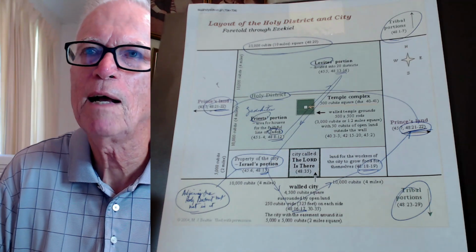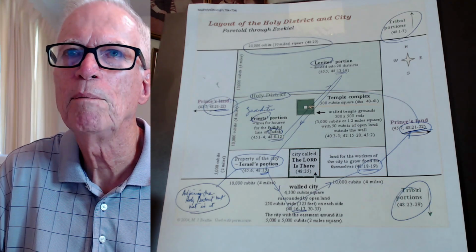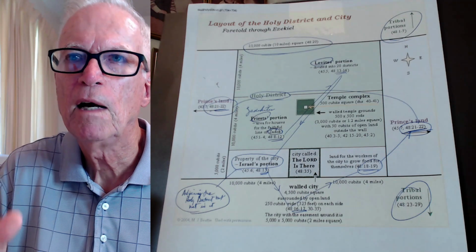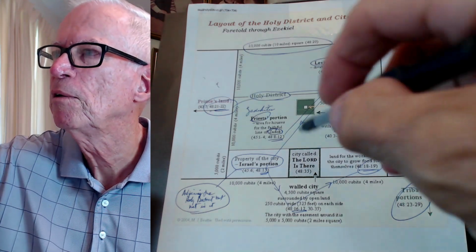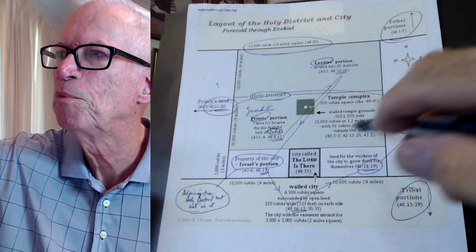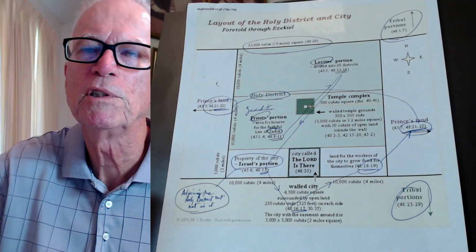It's not an allotment because they're a tribal group. God is their inheritance, and this is what it means. They're not inheriting. A special gift is being given to them in the most holy portion.